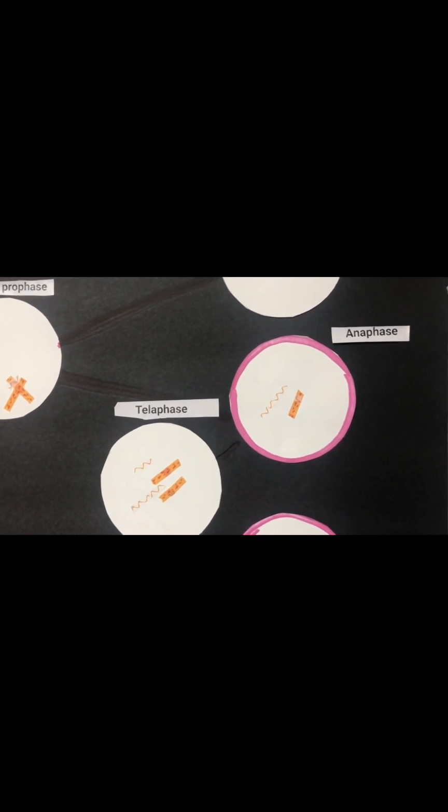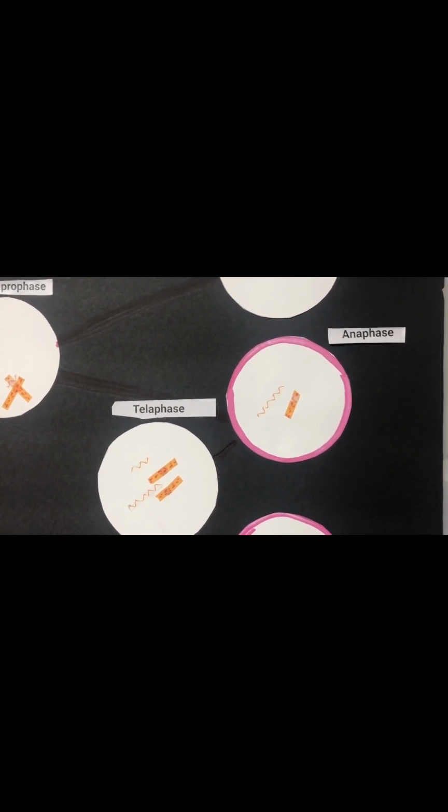The homologues are separated and move to opposite ends of the cell while the sister chromatids remain attached. Chromosomes arrive at the cell poles and the nuclear envelope reforms. Two haploid daughter cells are formed through the process of cytokinesis.